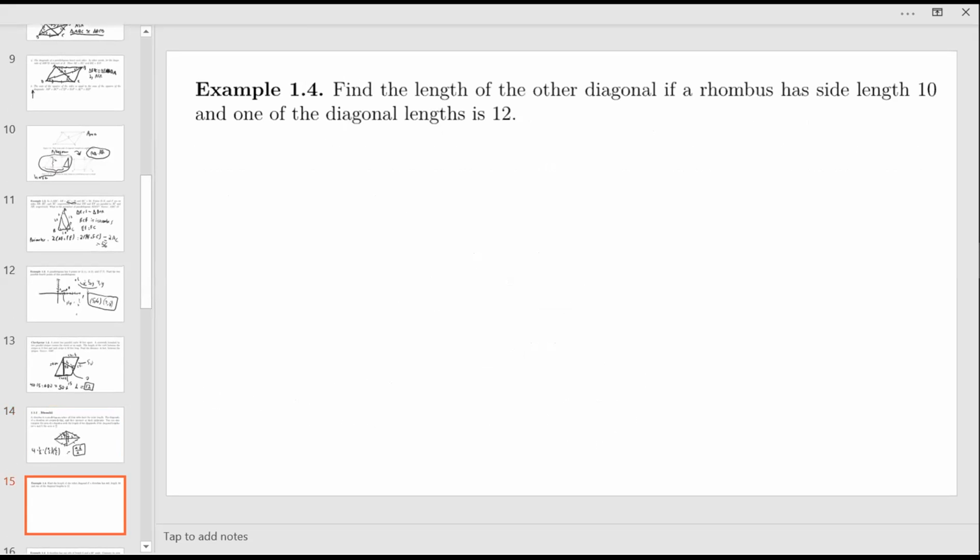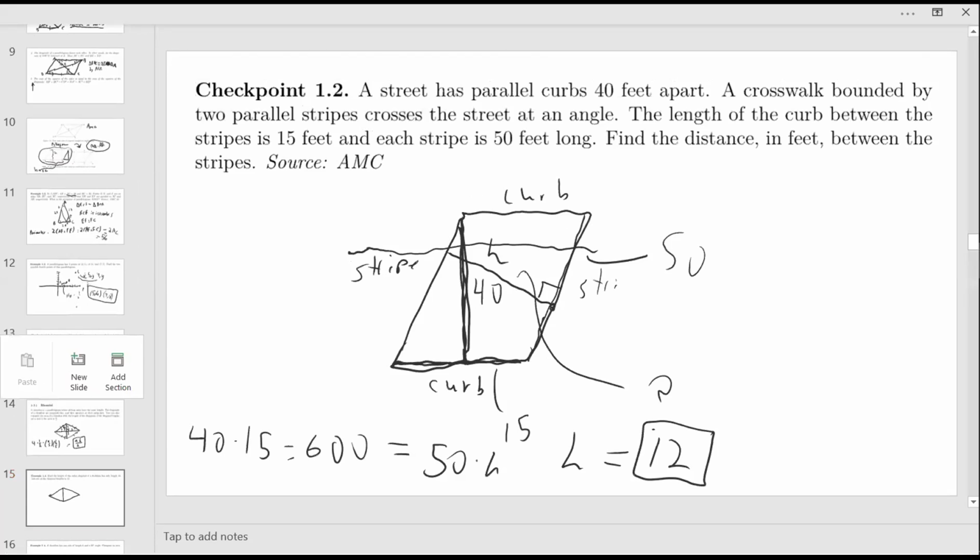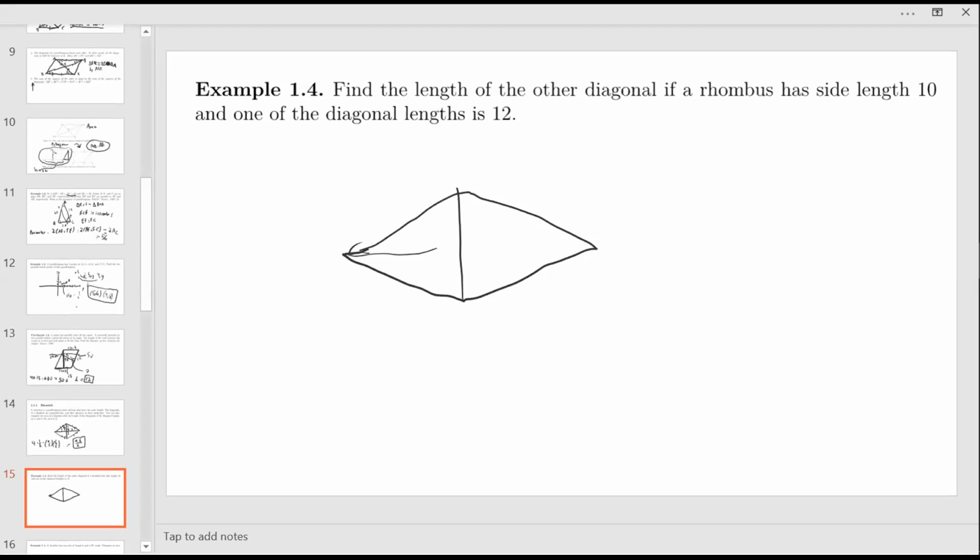So next, let's do this example. It asks to find the length of a diagonal of a rhombus, which has one side of length 10 and one of the diagonals of length 12. So let's draw this out. We know the diagonals bisect each other.